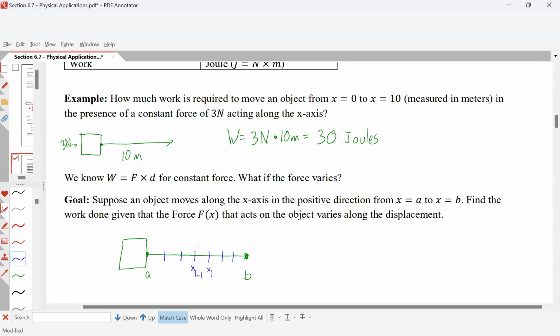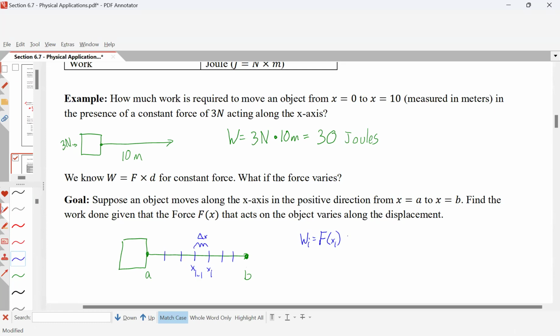So if I want the work done over this tiny little interval, then work is force times distance. The force, I could either use the first endpoint or the last endpoint. We're going to use the last one, or we could use any point in between, and it is estimated with the force at the point x sub i.